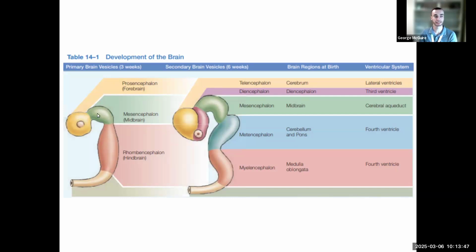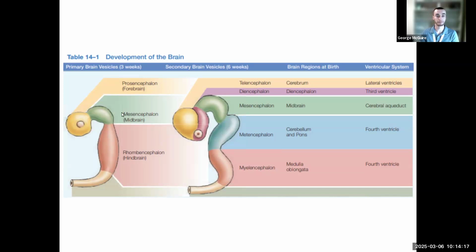These kind of bulges that come about early on in development represent early versions of these regions of the brainstem and cerebrum, right, your brain. So we have the rhombencephalon, aka the hindbrain, which is also sometimes referred to as the lizard brain evolutionarily, as this represents regions of our brainstem that were some of the earliest structures in the development of a central nervous system.